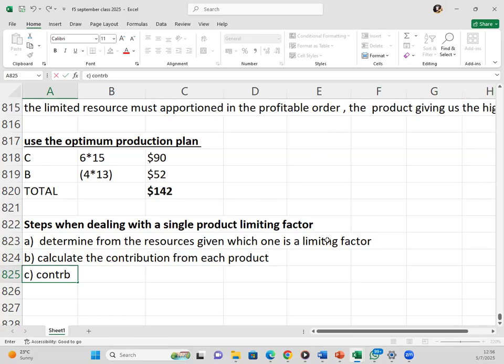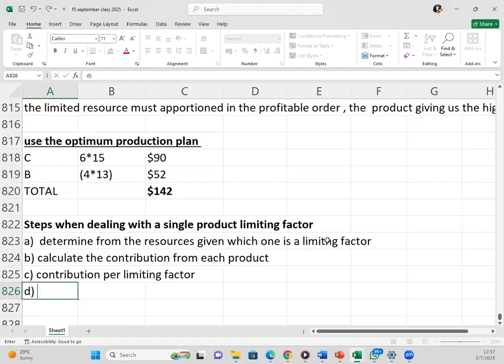The first step was determining which resource is a limiting factor. It was our labor time. Then calculating the contribution from each product was more like calculating the pay from each company. Then you calculate the contribution per limiting factor. This is where you're dividing the pay over the hours, the contribution divided by the limited resources.